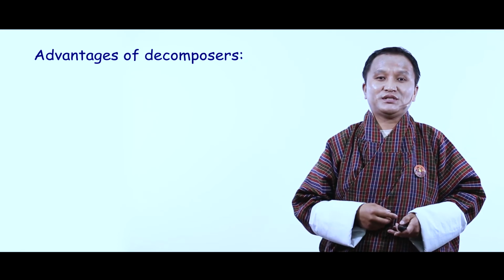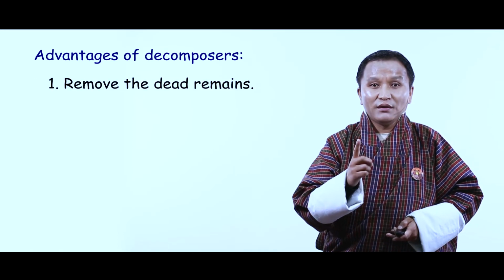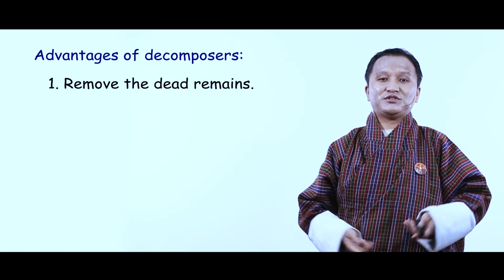We have already looked at the decomposers. Decomposers are very much essential in making sure that the dead remains of animals and plants are removed from the earth. Every year you will see many animals and plants dying, but they disappear after some time. This happens because of the action of decomposers. The advantages of decomposers are, number 1, it helps in removal of dead remains.